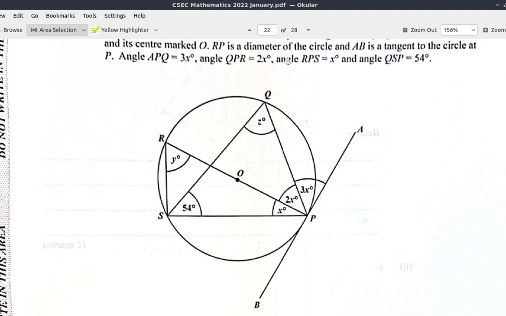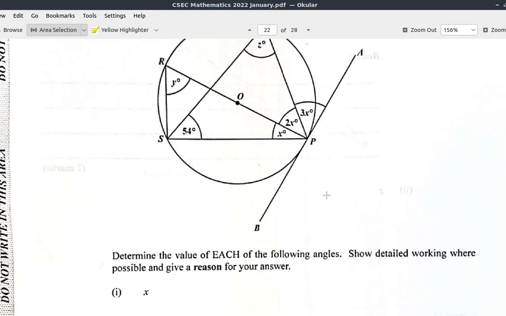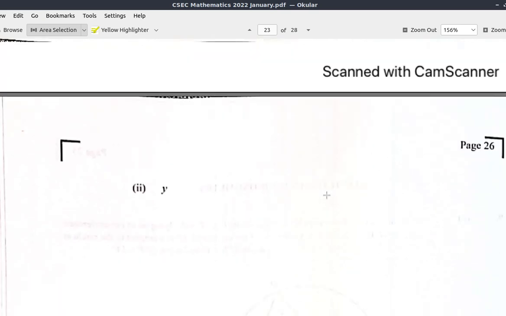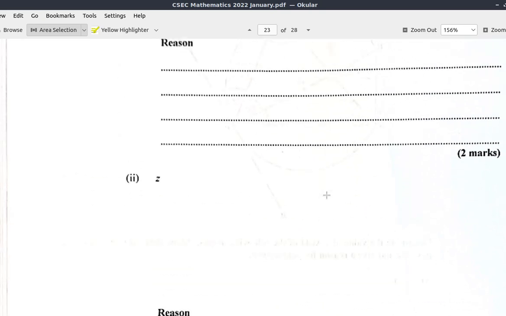Angle RPS right here equals x, and angle QSP equals 54 degrees. Okay, good. Determine the value of each of the following angles. Show detailed working where possible and give a reason for your answer. You have X, Y, Z.